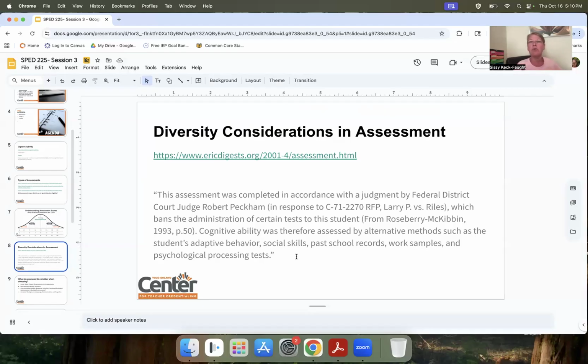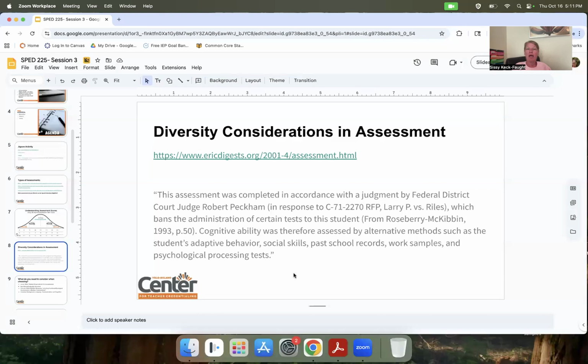Some of it was a cultural difference with some of the things being asked. Nonetheless, in our school districts, we now have to use things like adaptive behavior skills, past records, and all of these alternative methods to try to determine if a student is eligible under a specific learning disability without that IQ. Let me pause here.